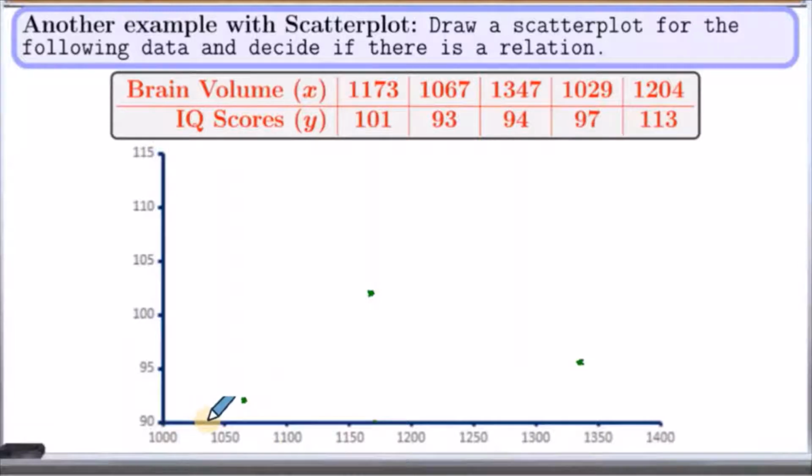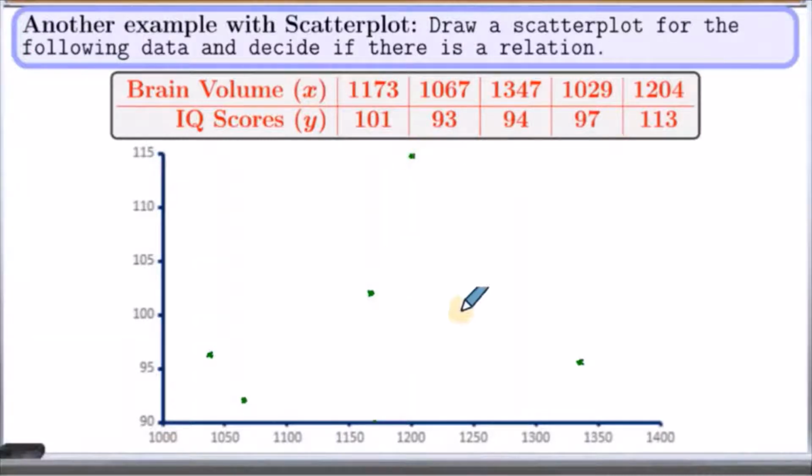So let's say our 1029 is somewhere over here, and 97 is over here. 1204 and 113. So our 1204 is somewhere here, and 113. So let's say 110. So closer over here.